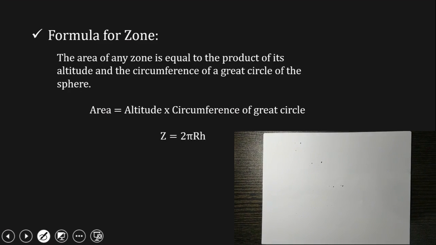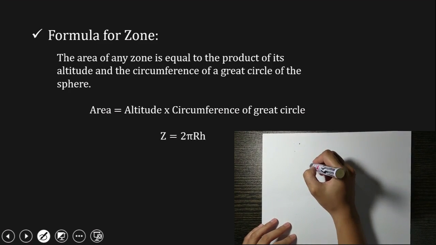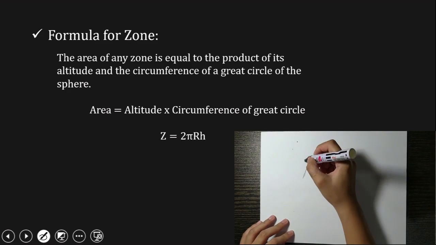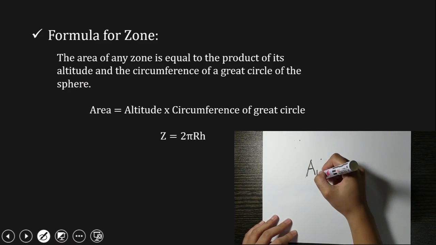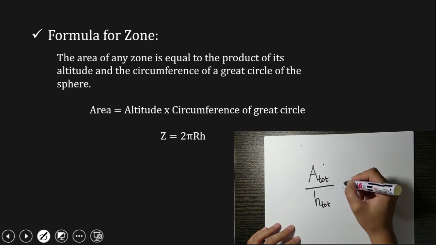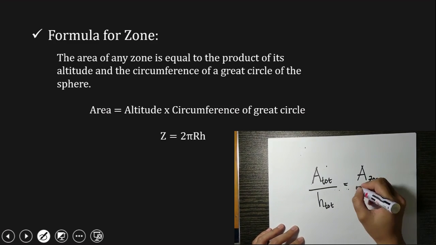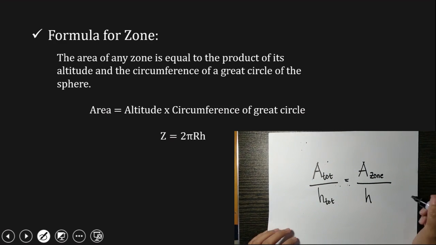Now, this 2 pi rh formula could be derived from the ratio of the total area of the sphere divided by the total height of the sphere, which would be equal to the area of the zone over the height of the zone.